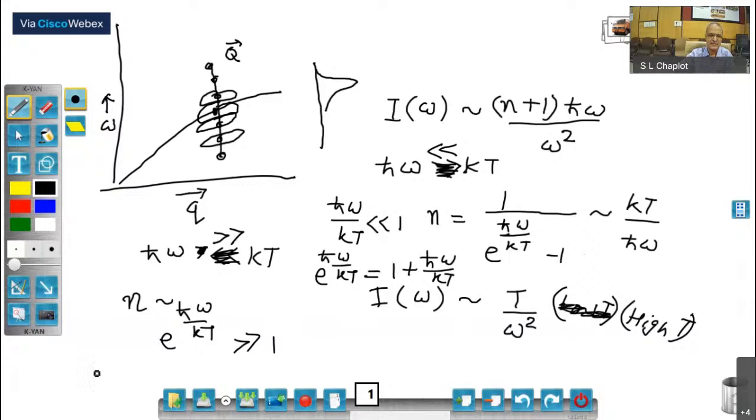In that limit n becomes an extremely large number, and the intensity I of omega is simply proportional to n, so it just becomes proportional to 1 over omega. So at low temperature you have a 1 over omega dependence, and at high temperature you have a 1 over omega squared dependence.